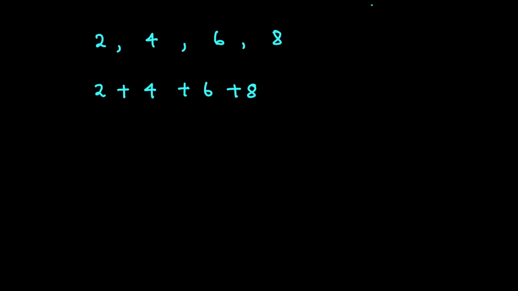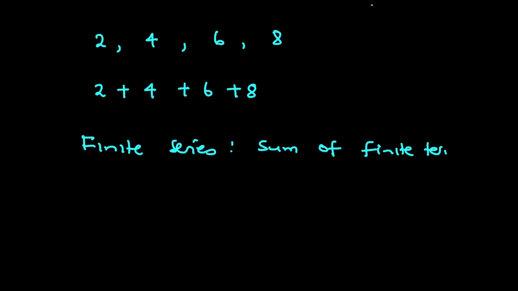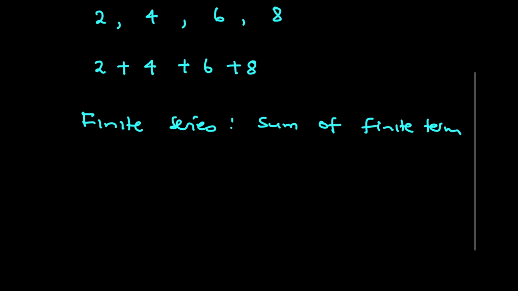So we've got what we call finite series. A finite series is a sum of finite terms. In other words, we don't have a situation whereby the terms are just continuing to infinity.